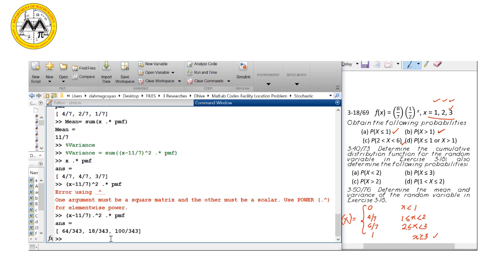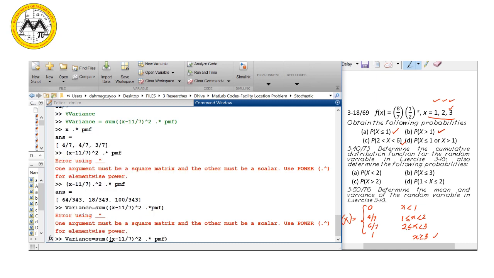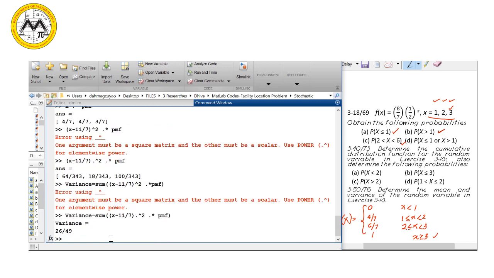And then to solve for the variance, that would be the sum of x minus 11 over 7 squared dot asterisk PMF. Sorry again, this should be that raised to 2. So the variance is 26 over 49.